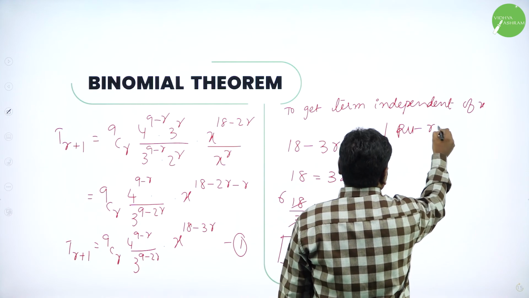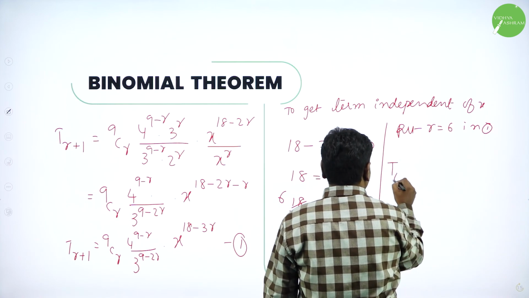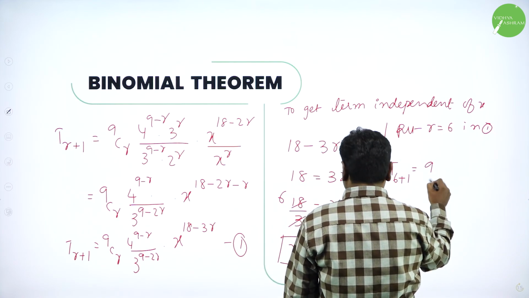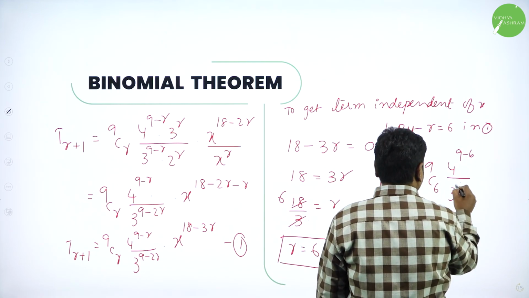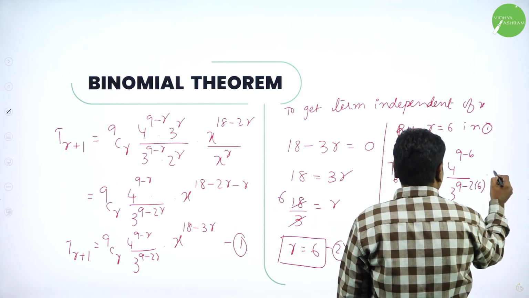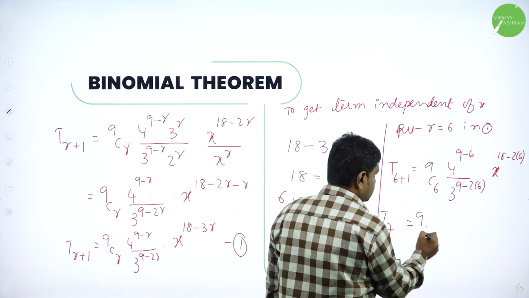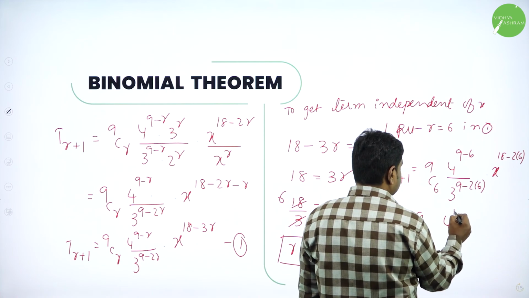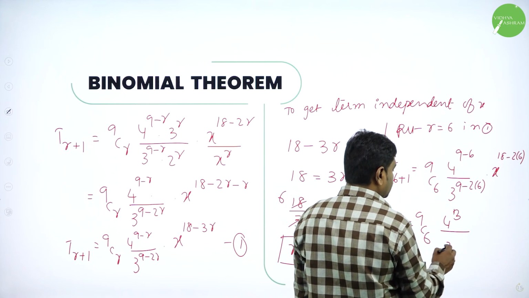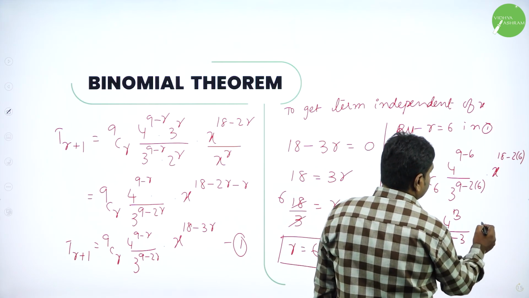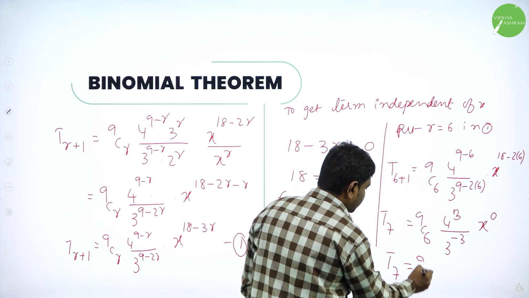T(6+1) is equal to 9C6, 4^(9−6) divided by 3^(9−2×6) into x^(18−2×6)... that is, T7 is 9C6, 4^(9−6) is 4³, and 3^(9−12), 9 minus 12 becomes minus 3, x^0. x^0 is the term independent of x; the 7th term is the term independent of x.